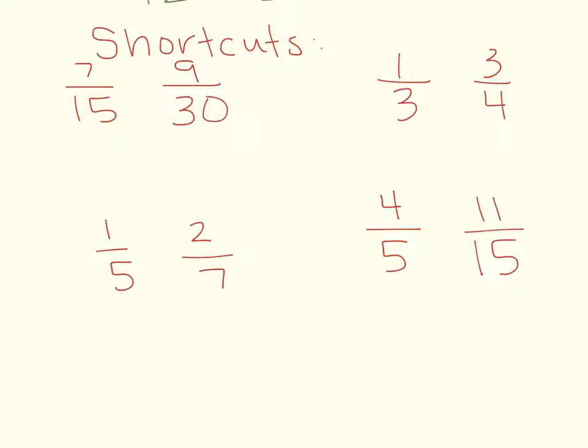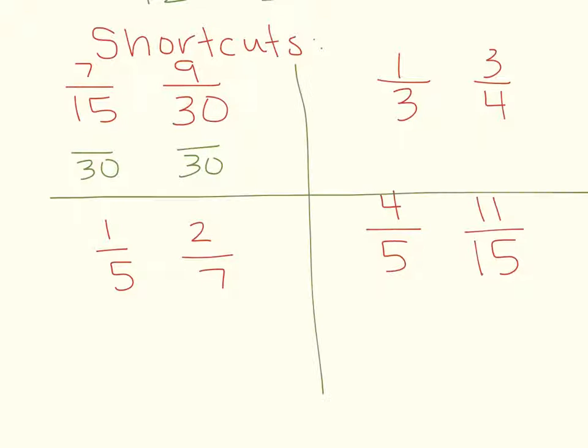Now let's review some of our shortcuts for denominators. Between 15 and 30, the smaller goes evenly into the bigger, so the bigger is automatically your common denominator. Which other one of these is the same situation?